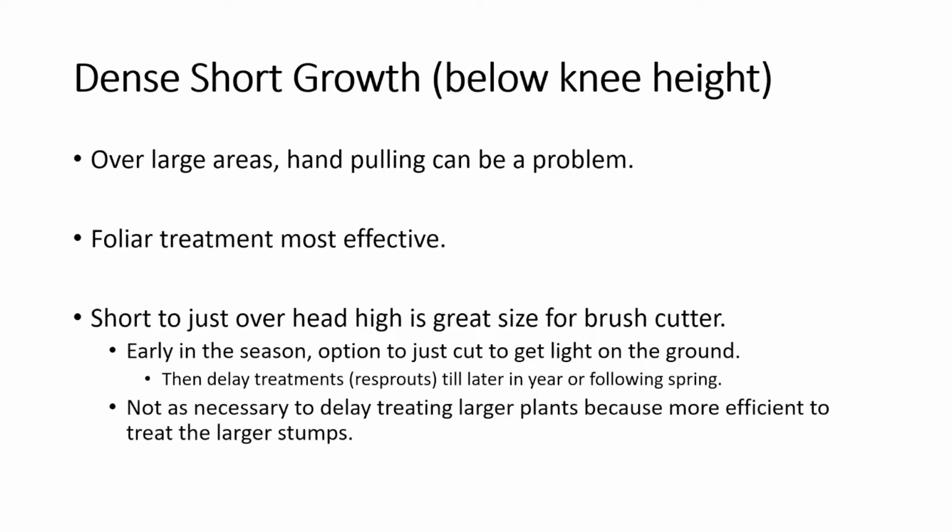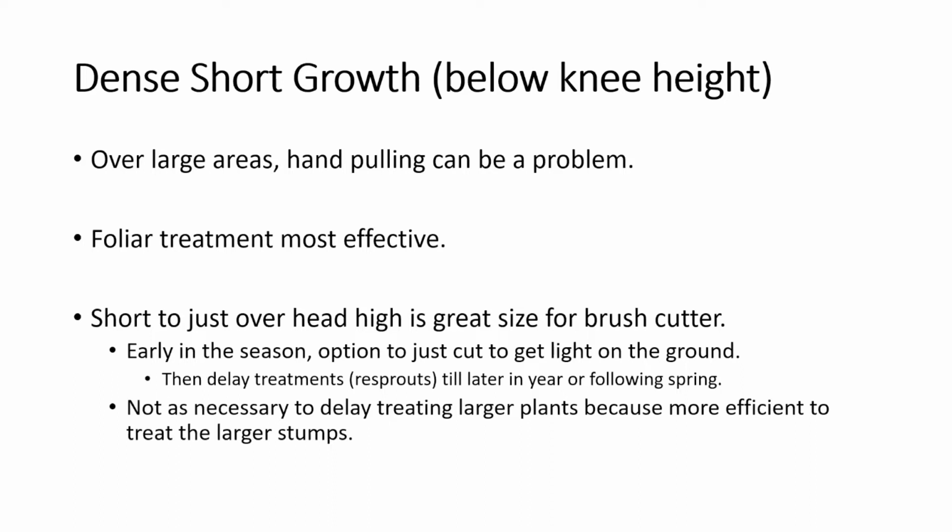If you're not familiar with what a brush cutter is, it's essentially just a brush blade on a trimmer, or you can buy commercial models designed to be brush cutters, and they have metal blades that cut through those woody stems. What you can do in this case, if you have a high potential for non-target effects or that collateral damage I was talking about, is go through with your brush blade and just cut the very short plants and not treat. Then you can save your treatments for a later time when the native plants maybe have died back for the season.